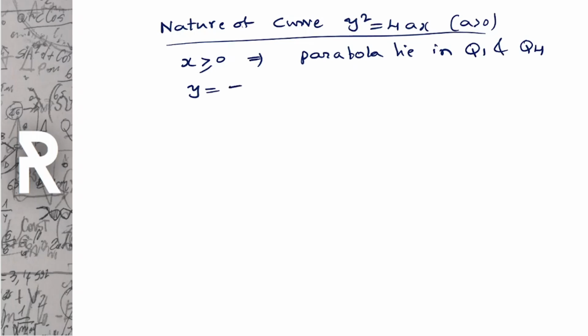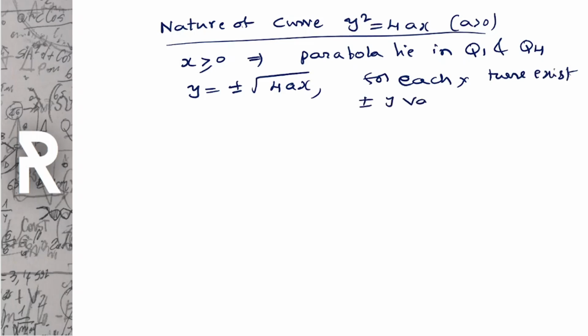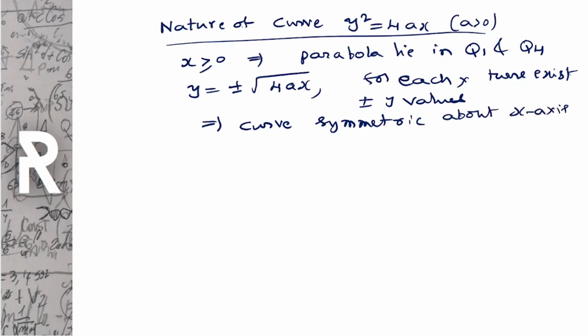y = ± √(4ax). That means for each x there exist plus or minus y values, so the curve is symmetric about the x-axis, with positive y and negative y.